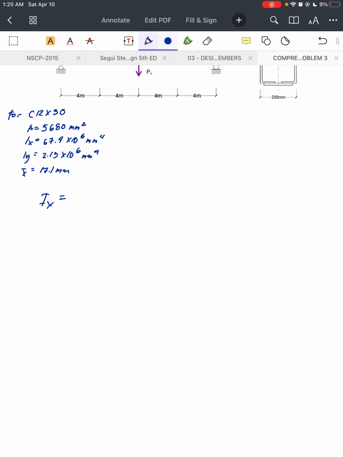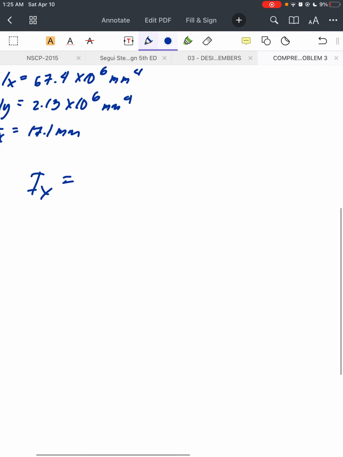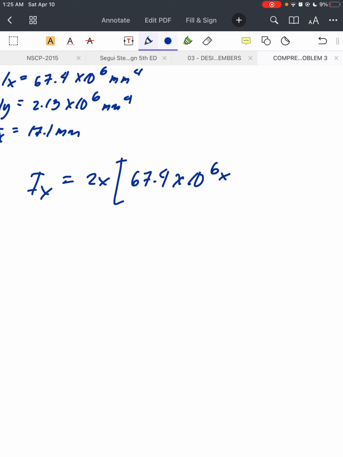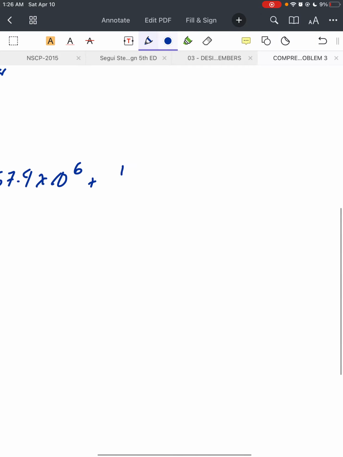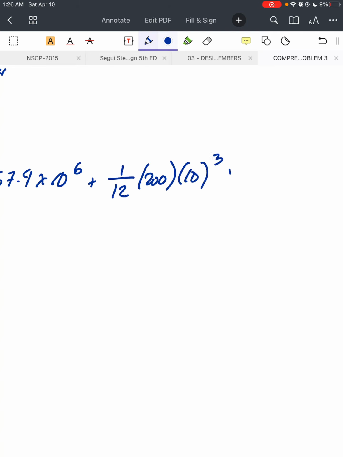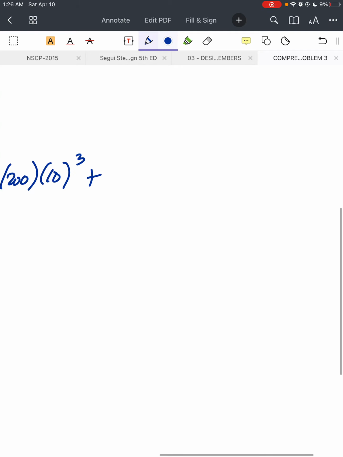So the moment of inertia along x-axis will be 2 times quantity 67.4 times 10 to the power of 6 plus 1 over 12 times 200 times 10 to the power of 3 plus 200 by 10 times 305.